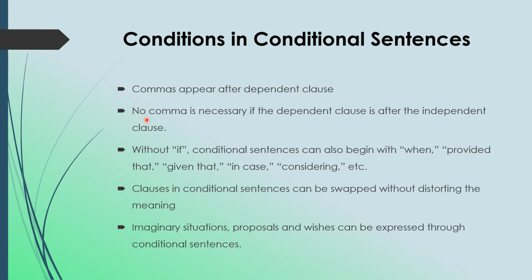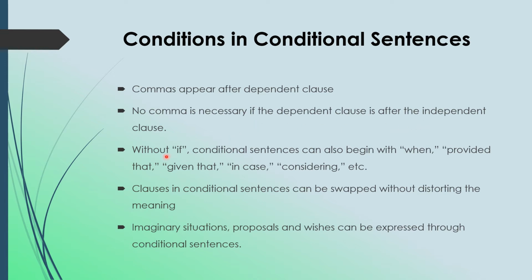That is what is written in here. No comma is necessary if the dependent clause is after the independent clause. So the if clause is the dependent clause and the other one is the independent one. So for example, you can see this particular sentence. It says no comma is necessary.